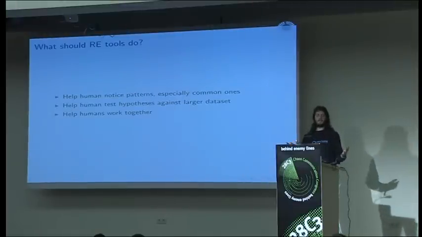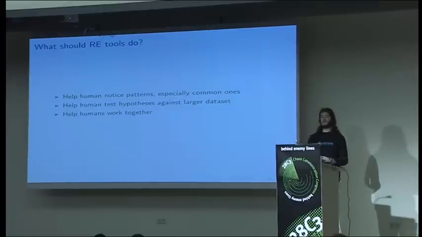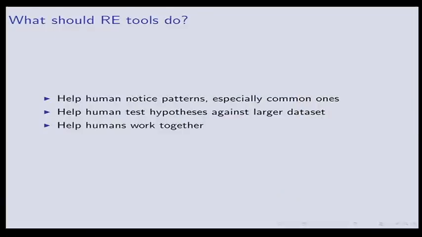So given all this, what can reverse engineering tools help us do better? The core of all this was that it's a human who's figuring out what the meaningful structure is in all this. So we want to help the human notice these sorts of patterns, particularly the common ones that I mentioned.